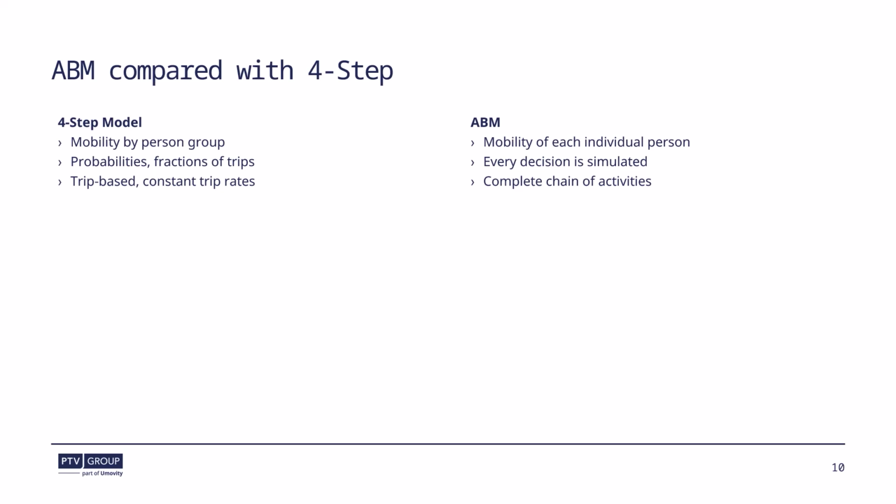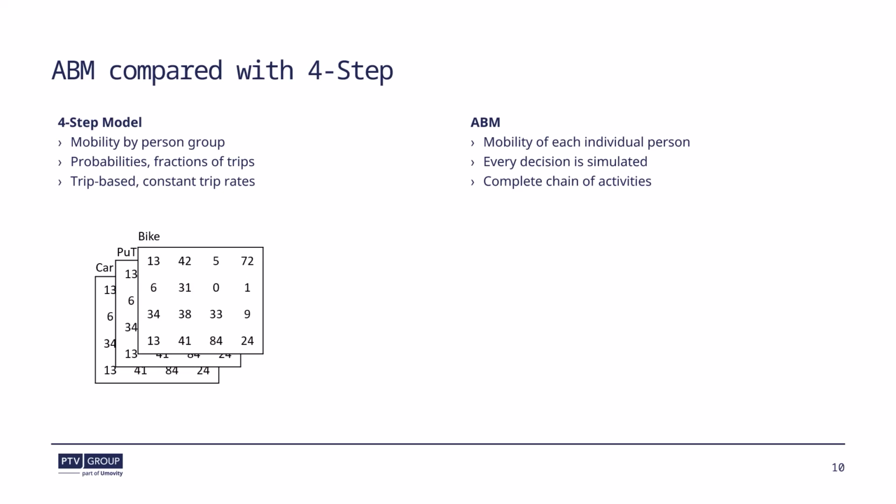A four-step model is trip-based, which means, among others, that constant trip rates are applied, while the ABM acts on complete activity chains. The result structure in a four-step model is a set of matrices. For example, as here, one matrix per mode.